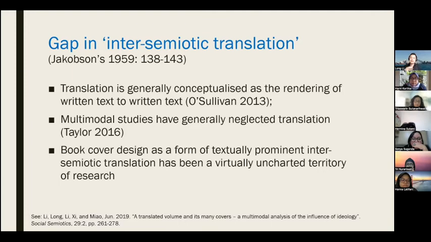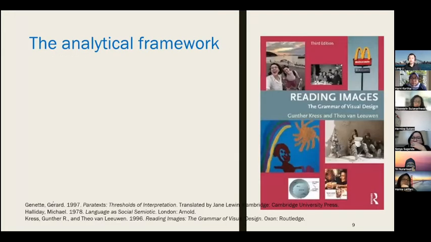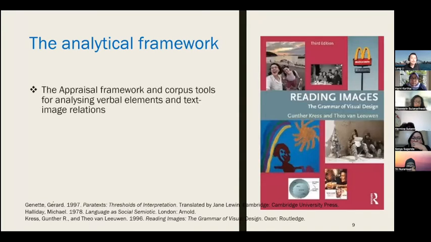So when I started this sub-project on translated book covers, I was surprised that there weren't many systematic studies of translated book covers. So that's the reason that I turned to some theories and methodologies in multimodal studies. Linguistically, I have adopted the appraisal framework and corpus tools for analyzing linguistic elements and the text-image relations.